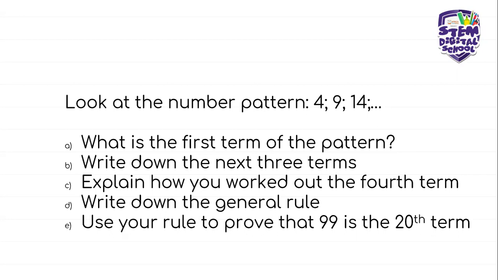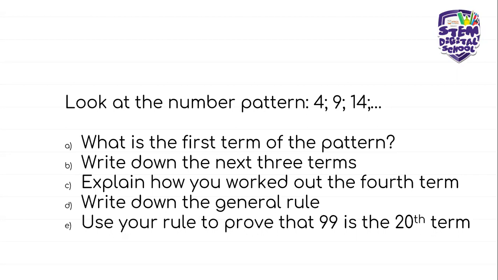Now we need to use this rule to prove that 99 is the 20th term. Remember, the first term is 4. In this case, the 20th term, we're told, is 99.